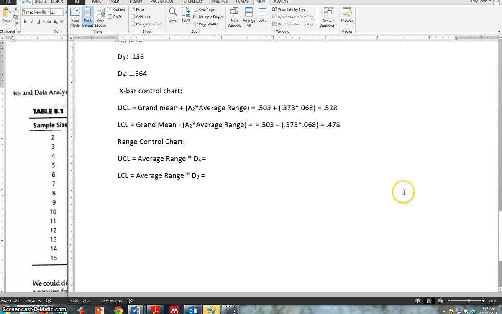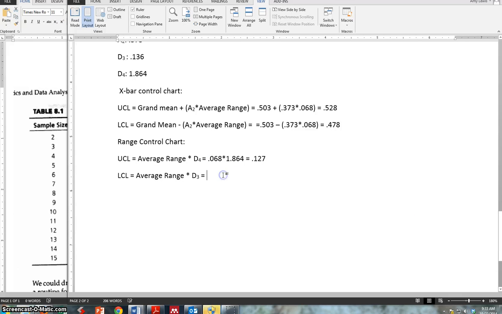Okay, home stretch. So now we're going to just wrap it up with the range charts. So I have my average range of 0.068 times, for my upper control limit, I'm going to multiply that by D4. So that's 1.864. Which is 0.127.